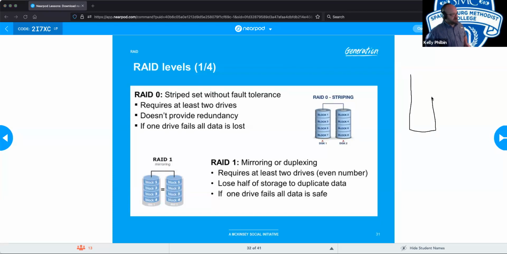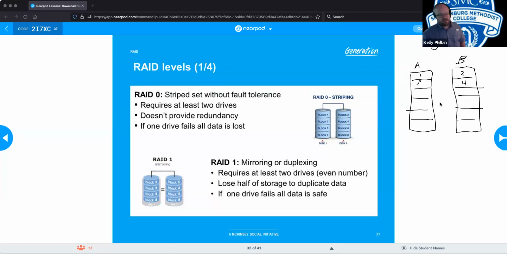You have your drive A and your drive B. And so imagine each of these is your drive, and how striping works is it's going to drop bit 1, drive A, bit 2, drive B, bit 3, drive A, bit 4, drive B, and it's going to alternate between each drive as it's writing these bits down to the drives themselves.